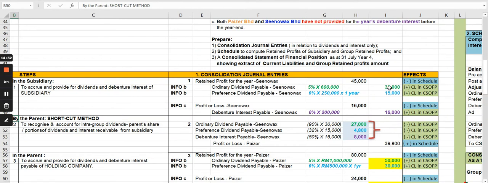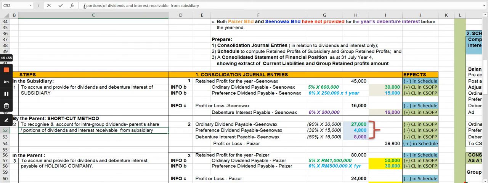Part of the dividend paid by the subsidiary and part of the debenture interest paid by the subsidiary are being shared by the parent, or there is some portion of it that belongs to the parent. So now the parent will have to recognize and account for these intra-group dividends and intra-group interest payable.